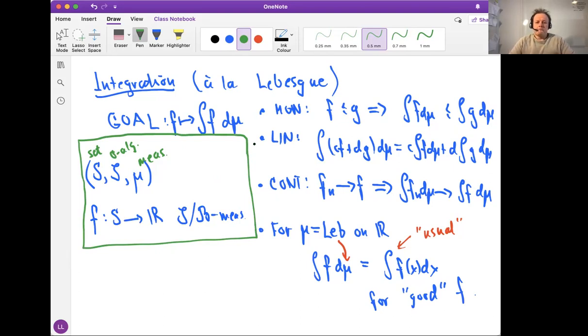Okay, let's see what the roadmap is for today. Our roadmap is that we will study the properties, especially monotonicity and linearity, and we study the definition that Lebesgue came up with for this integration. And later, we speak about continuity.